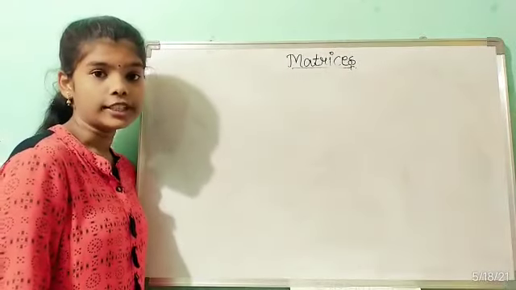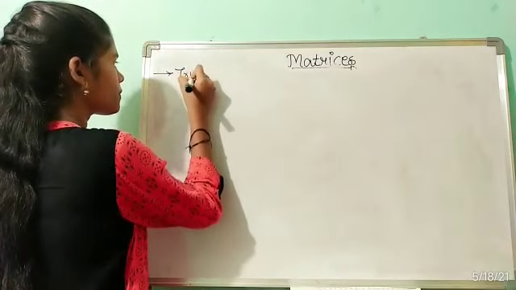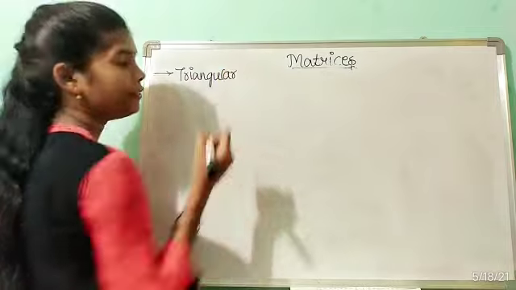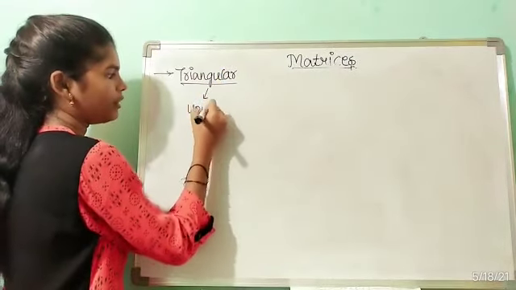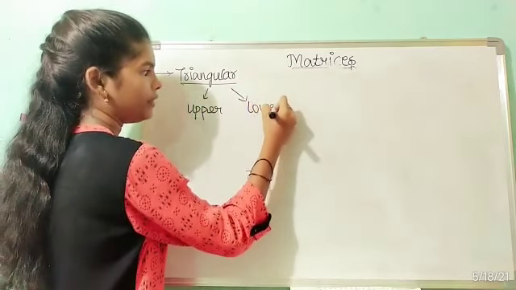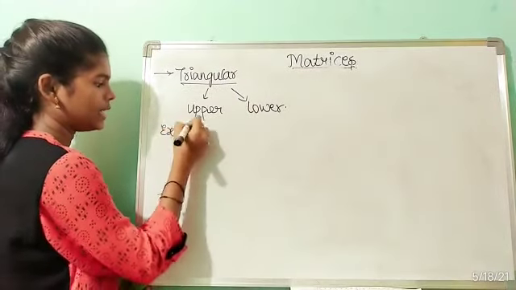So moving on to the next, triangular matrix. In triangular matrix, there are two types: upper triangular matrix and lower triangular matrix. Upper triangular matrix. Let us take an example.